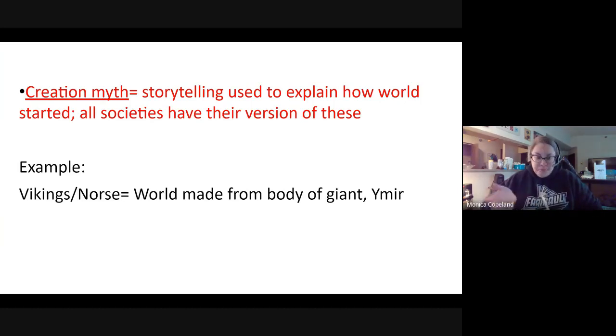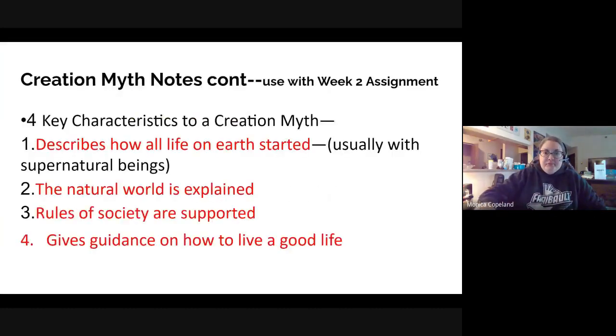For example, in the Norse tradition, the Vikings believed, and I'm going to do my best to pronounce this name, that the world was made from the body of a giant, Ymir. In the Christian creation myth, they believe the world was created by God in 7 days. If you have a religious faith, you can absolutely apply that to this week's assignment.